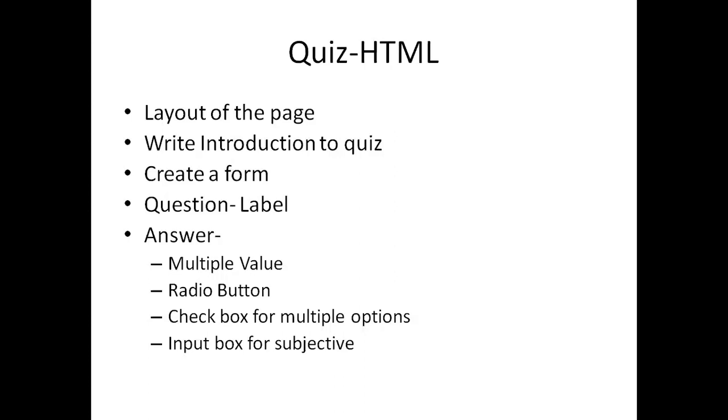So the question will be a label, and the answer that you want to take from the user can be a multiple value in a drop down selection box, or in the form of radio buttons where the user has to select the correct answer. Then it could be checkboxes for multiple options to be chosen from, or it could be an input box for subjective answers. So you can choose either of these.